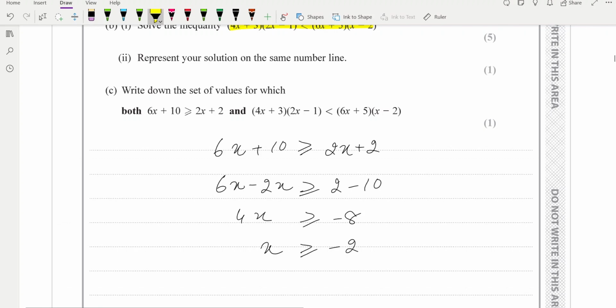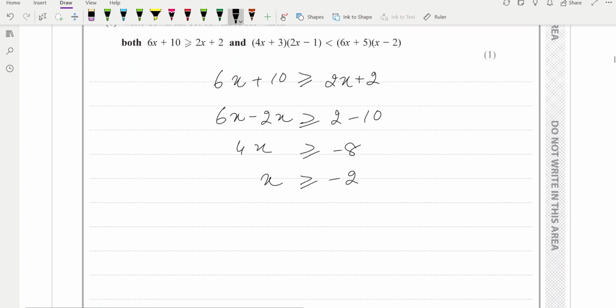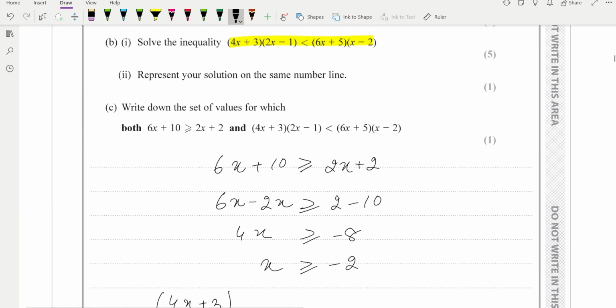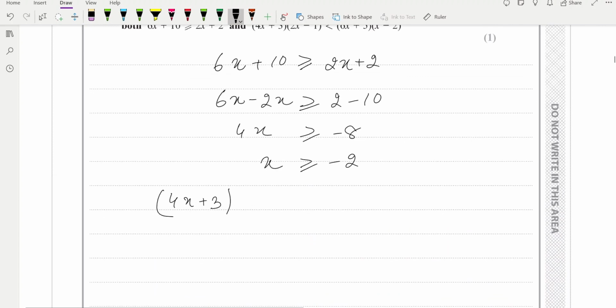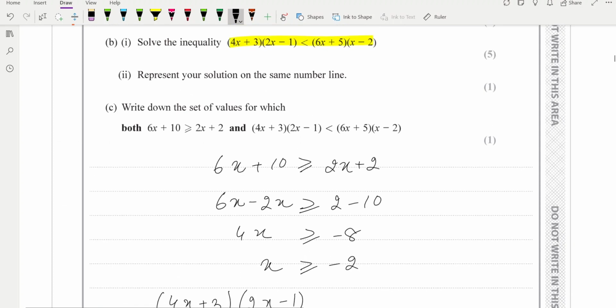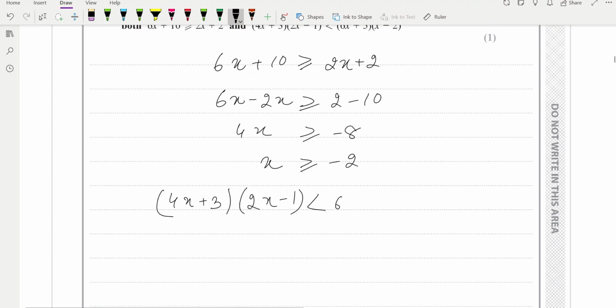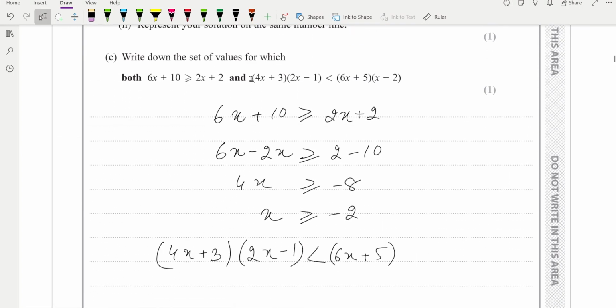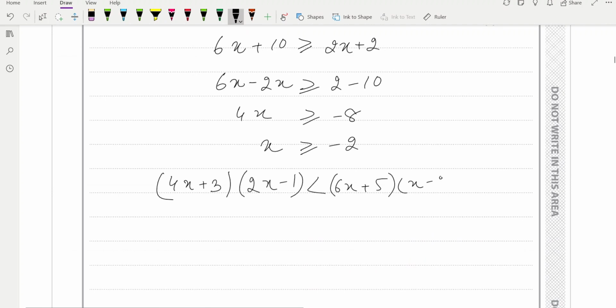To solve this inequality, we can use this: 4x plus 3 into 2x minus 1, and this one is less than 6x plus 5 into x minus 2.